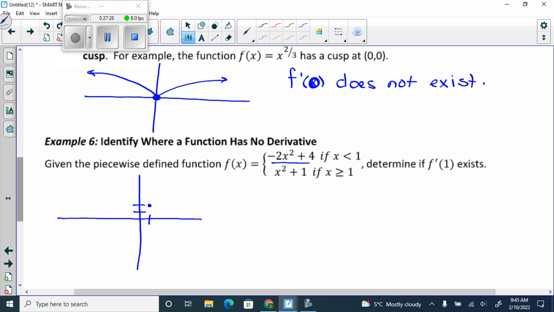Then I plug in 0 and I'm going to get 4. And then when I plug in negative 1, I have to plug it into here, and I'm going to get 2, right?